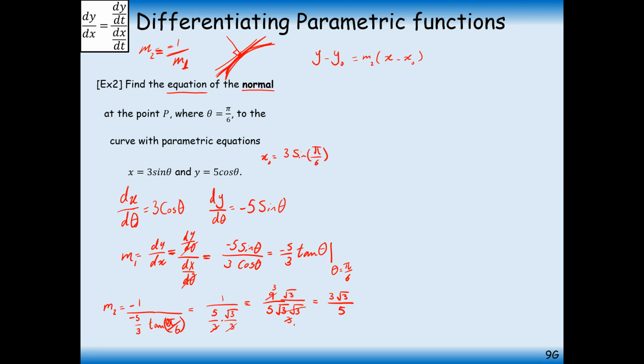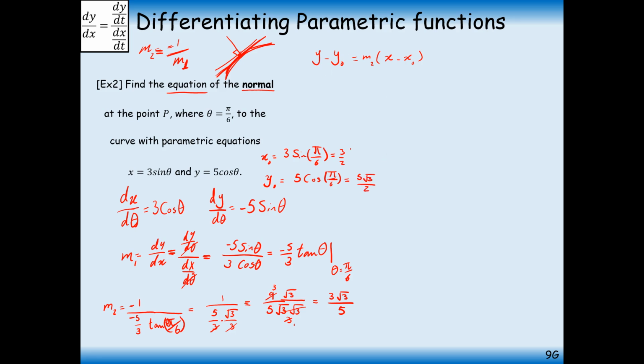Sine of pi over 6 is half, so that would be 3 over 2. And y naught would be 5 times cos of pi over 6. Now cos of pi over 6 is root 3 over 2, so that's 5 root 3 over 2.